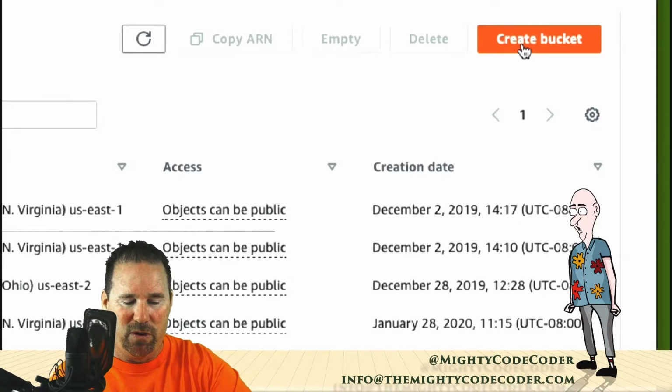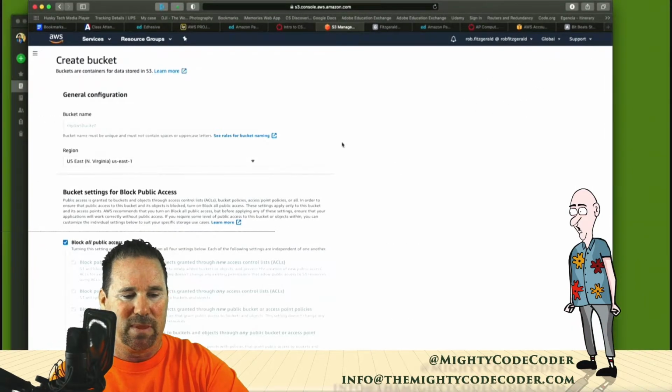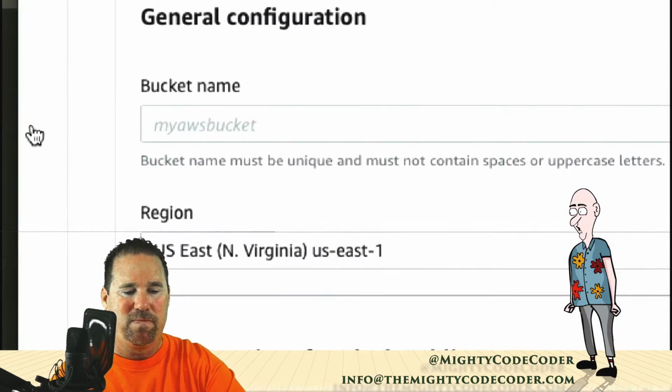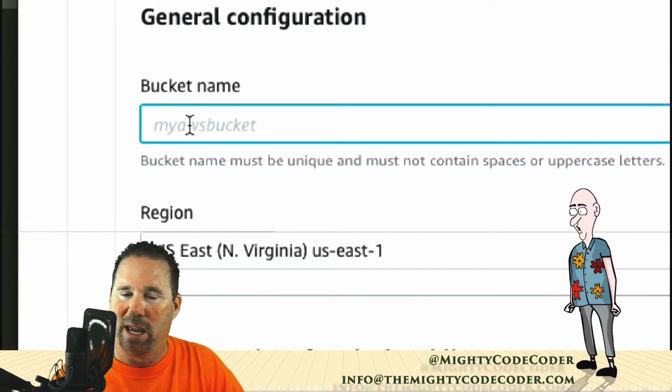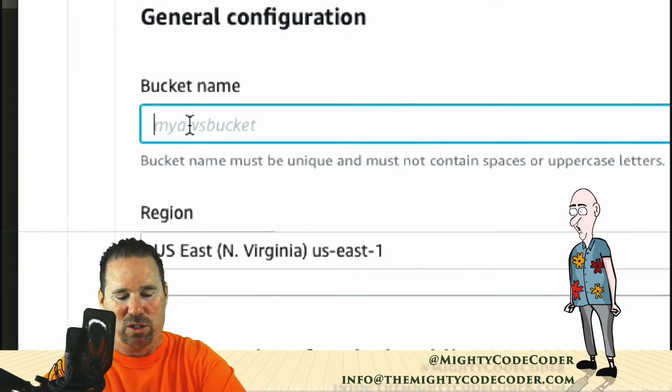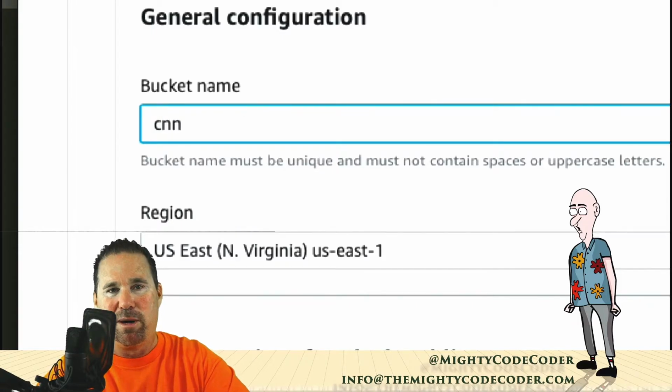If you click on Create Bucket, it will want your bucket name. The first thing is that it has to be a unique name. Your bucket can't be anything anyone ever used before. So I take it this is already taken.